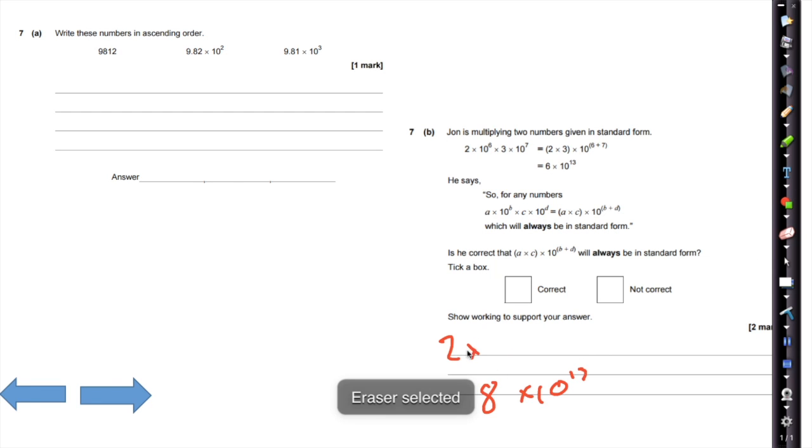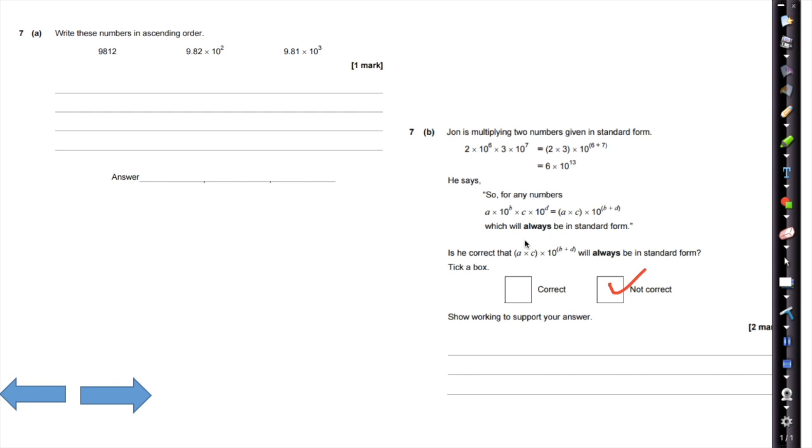To get the second mark, though, you must tick the correct box, and the correct box here is going to be not correct. So for A and C, we need to provide a counterexample. We could pick anything as long as A and C multiply together to be more than 10. Because remember, standard form is a number between 1 and 9.9 times by 10 to the power of something.